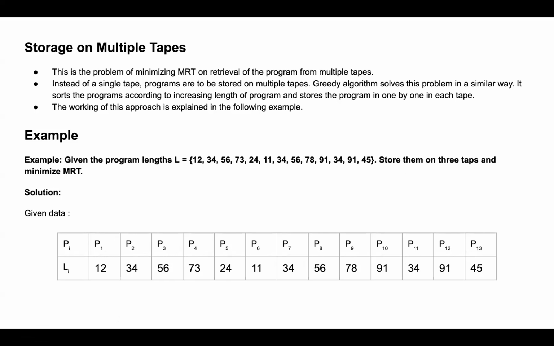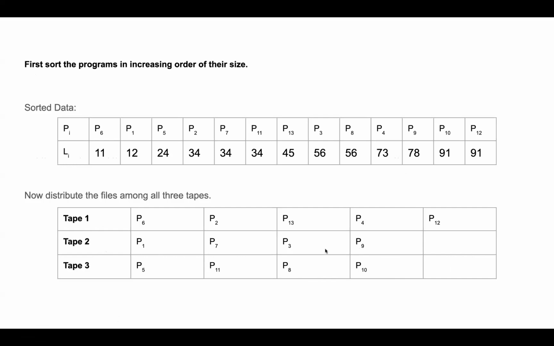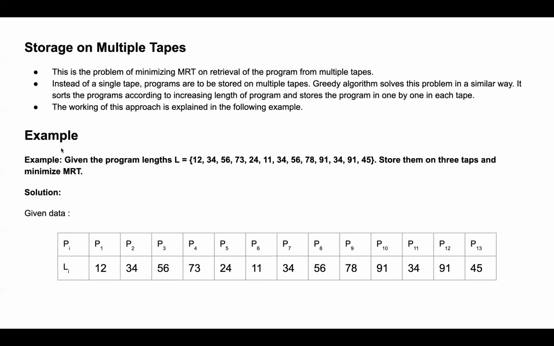Now, what is there in the next slide? First, sort the programs in increasing order of their size. In the sorted data, the minimum length of program is 11 and the program is P6. Then 12 is there, then P1. After 12, I think 24 is there, P5.